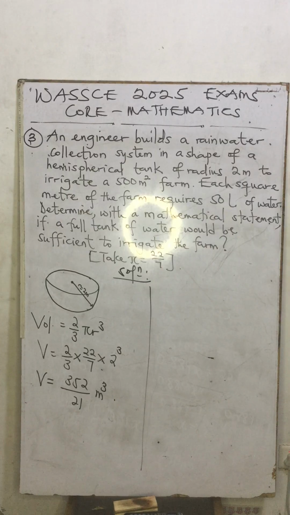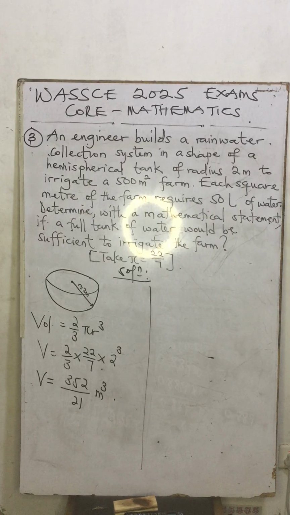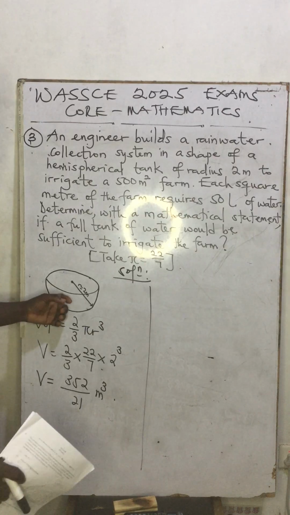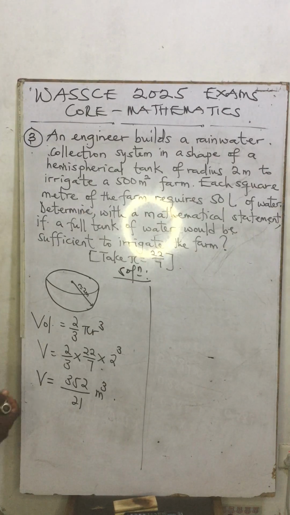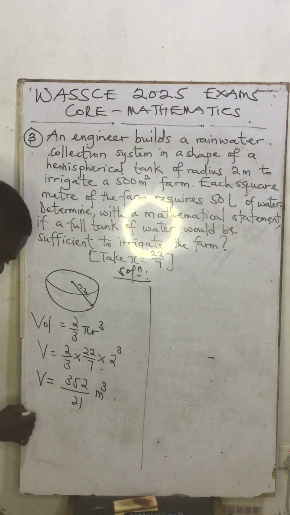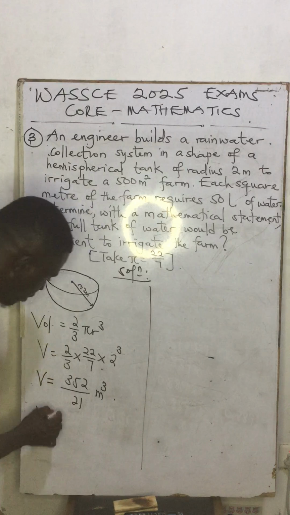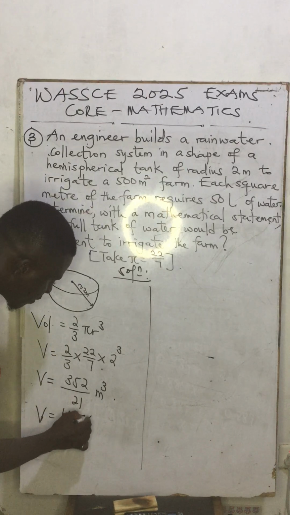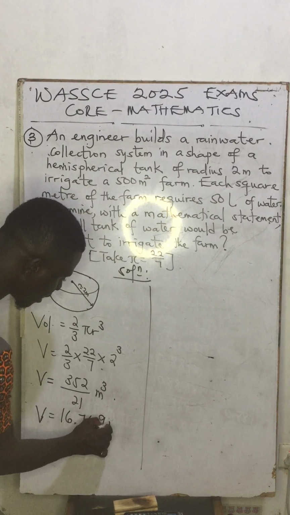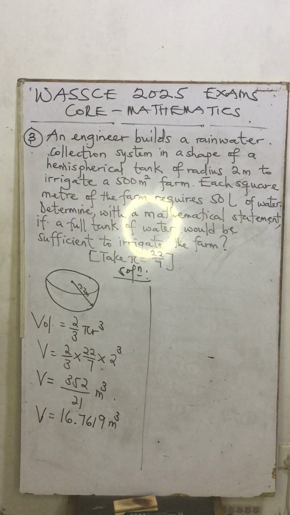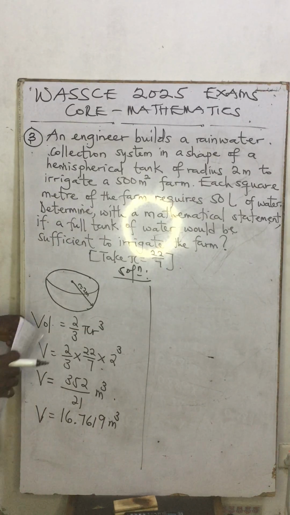That's the volume of the hemispherical tank. So the amount of water this hemisphere can hold is 352/21 meter cube, which is equal to 16.7619 meter cube.